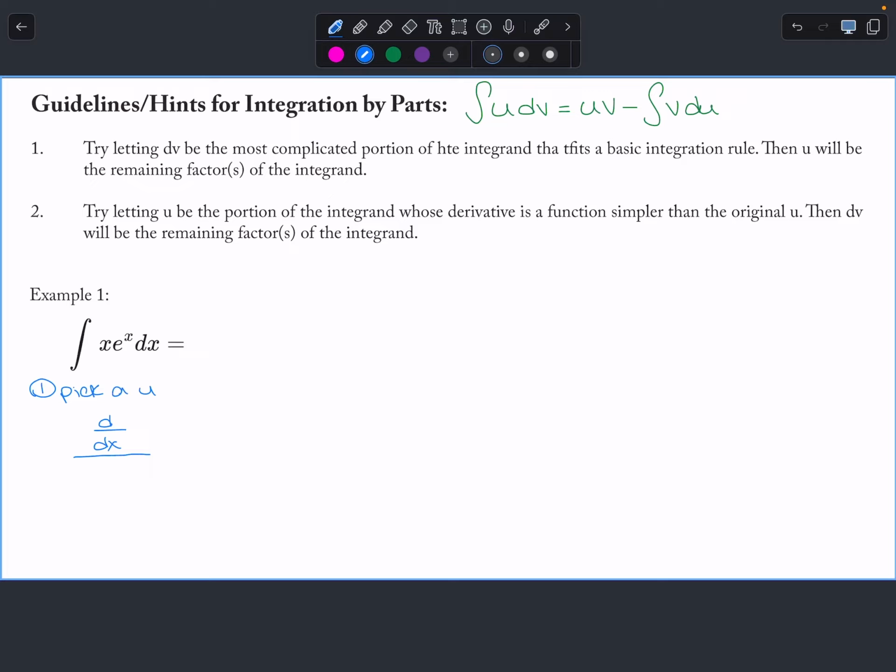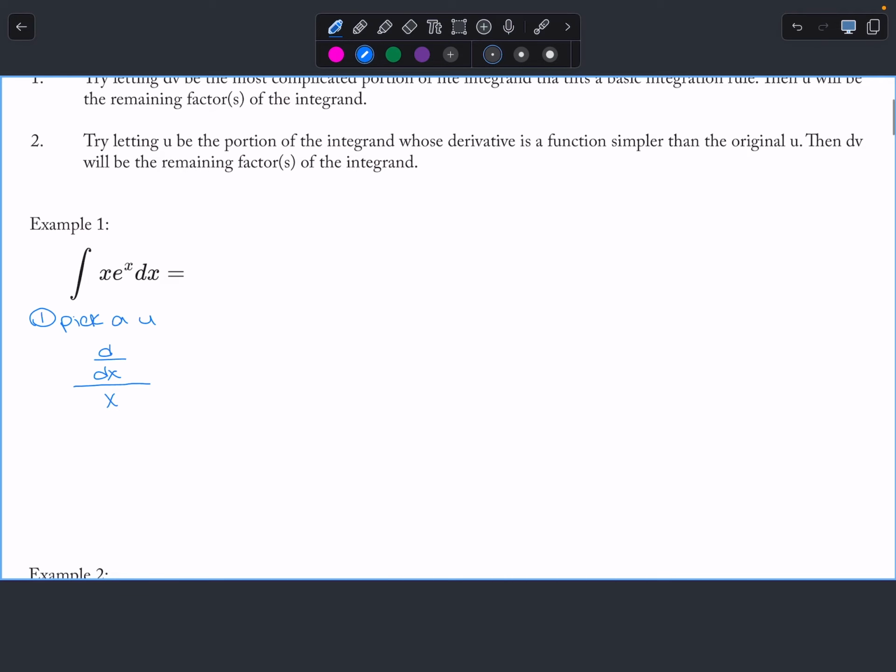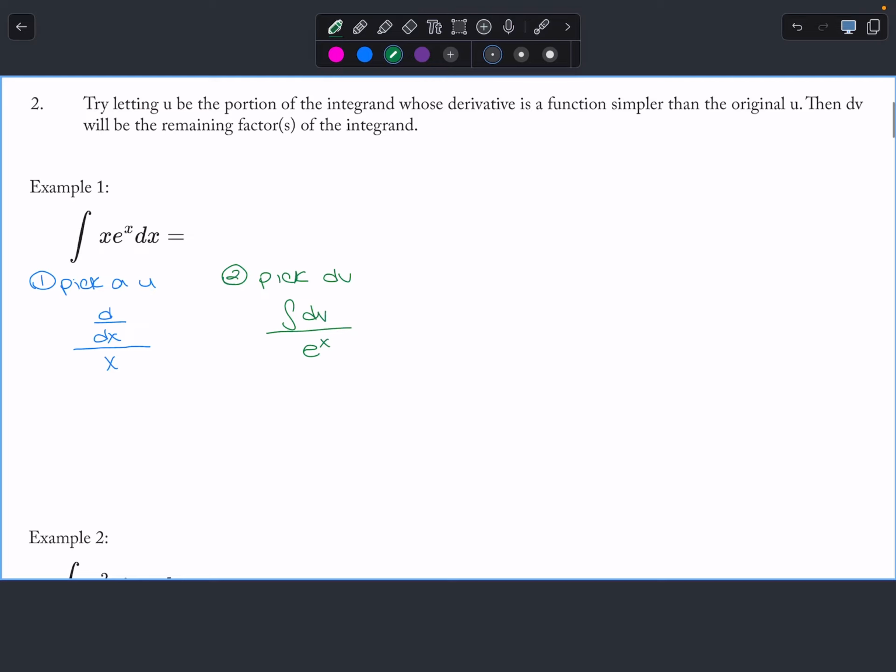So out of x and e to the x, which one am I going to choose to be my u? x. Step 2 is my leftovers are then my dv, or my antiderivative side. So that is what's left over, which is my e to the x term. That's step 2.